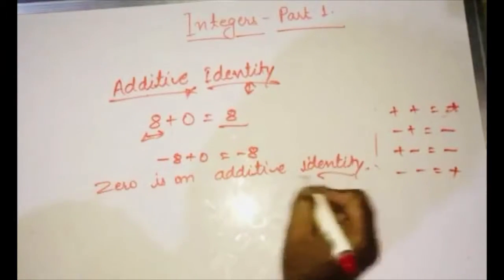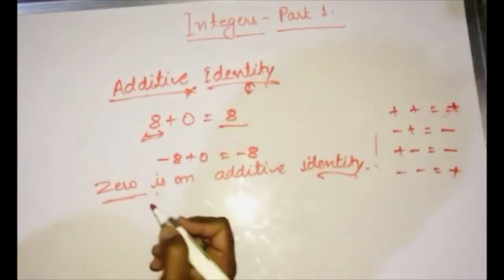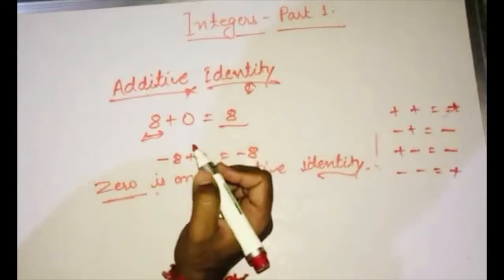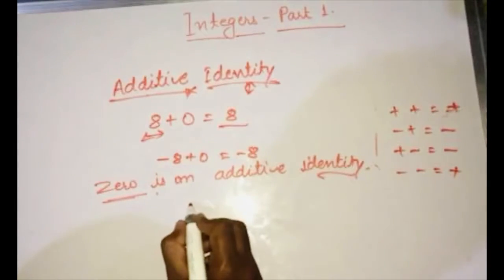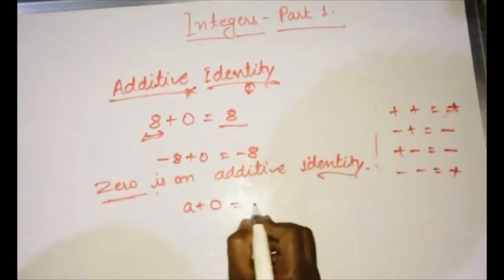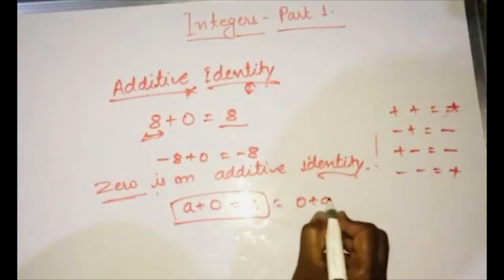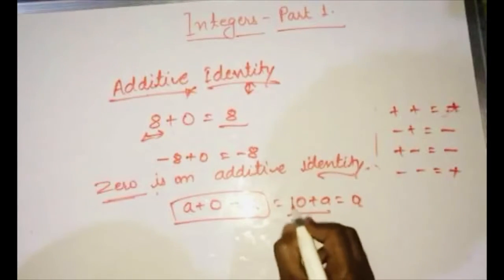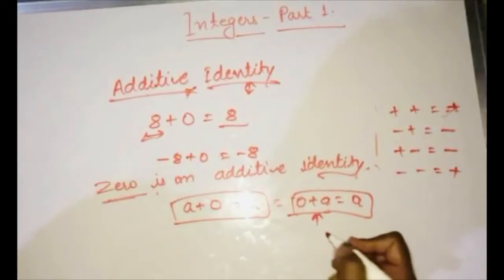Means when you add 0 to any number, you get the same number, and that is why 0 is called an additive identity. If I write it in variable form, it will be a plus 0 equal to a. Similarly you can write 0 plus a equal to a. So this is the additive identity.